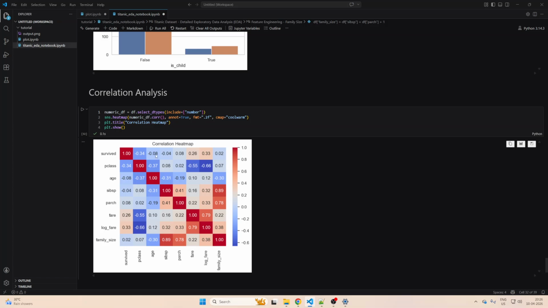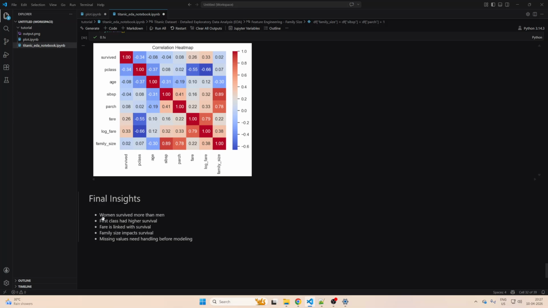Age has a weak correlation. Sibling count and parent-child count also have weak correlation. Then a higher fare gives a higher chance of survival, and family size also has weak correlation.